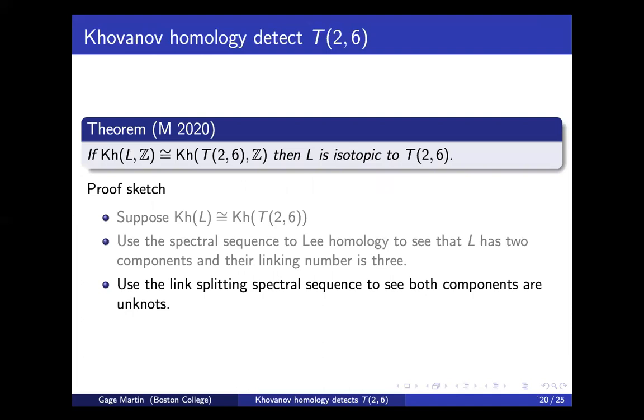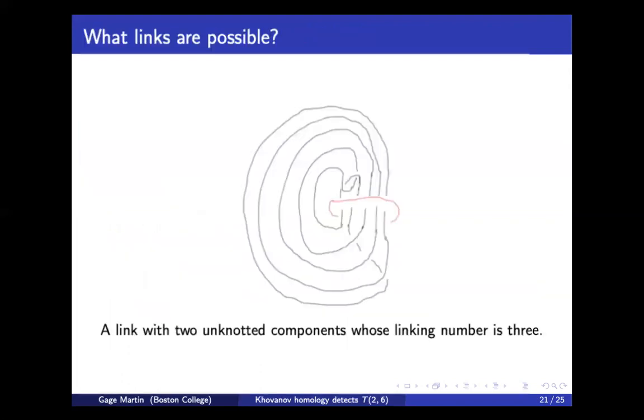And so by using the link splitting spectral sequence, we could actually see that both components of L are unknots. So that would rule out the link that we just saw, where one of our components wasn't an unknot, but it would still leave a link like this, where we have two unknotted components, and the linking number between these unknotted components is 3.